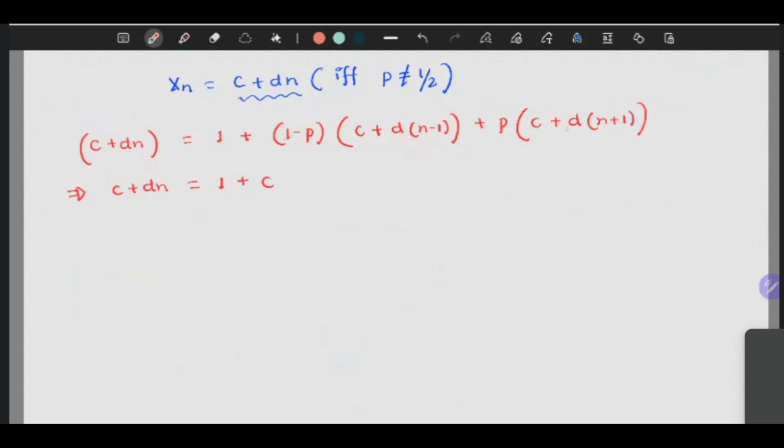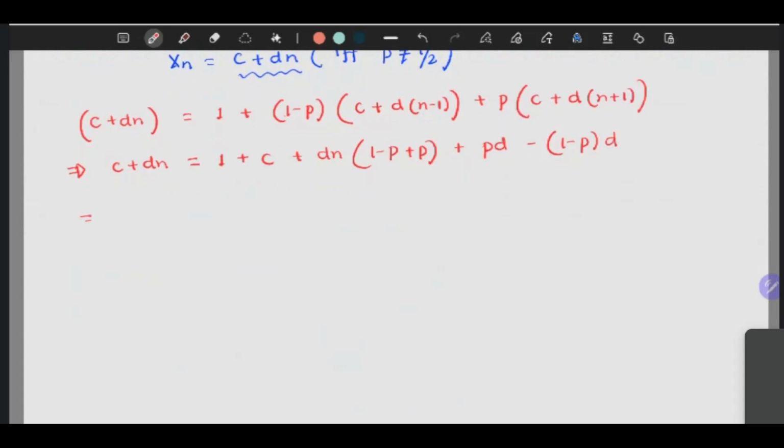So from here you can write, for dn it will be (1 minus p plus p). For d, it will be pd, and minus (1 minus p) d, and there will be a 1 there. Okay, so c cancels out, dn cancels out.